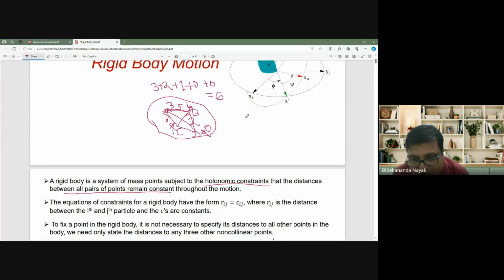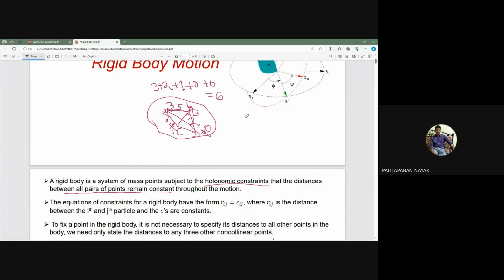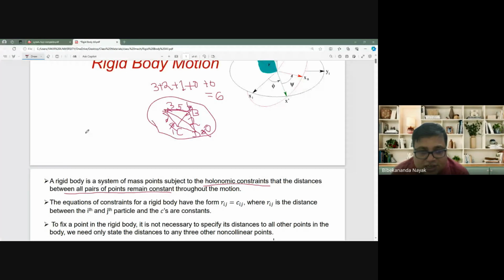Clear? Are you getting my point? Suppose a rigid body is placed in a 10-dimensional space. The number of coordinates depends on dimension. If it is 2-dimensional, we need only 2 coordinates for a point. Suppose an ant is moving on a wall, we need only 2 coordinates to determine its position.